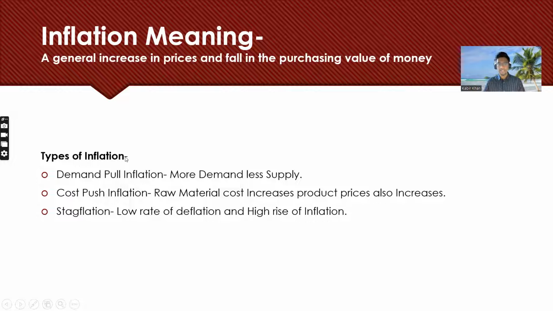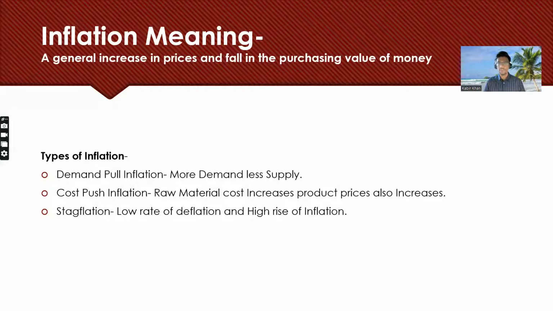But there are types of inflation, so let's understand one by one. First is demand pull inflation. Demand pull inflation is when there is more demand and less supply. For example, take a coffee shop.